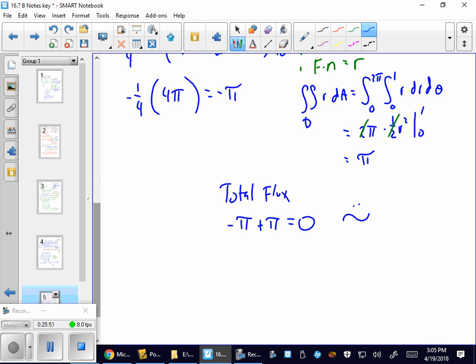Did that just kind of happen? So what you get is a net fluid flow of 0. Basically, you have the same amount coming in that you do going out. Really interesting in both directions.